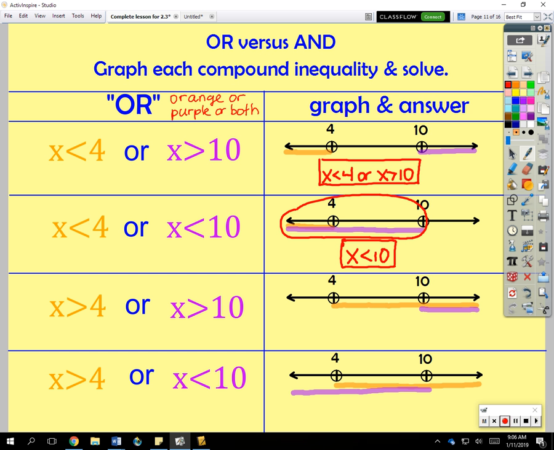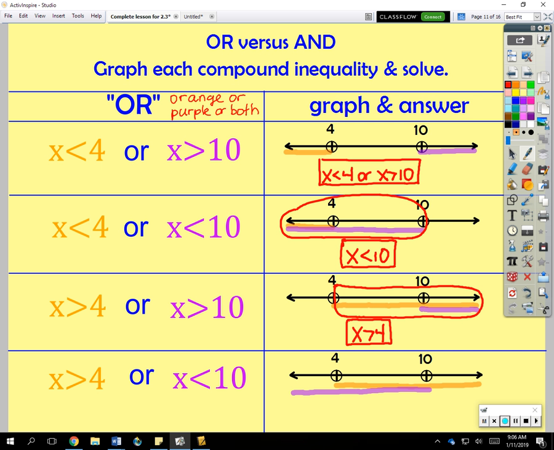The second one is the same way. If you look from left to right, I see orange, and then I see orange and purple. So this whole area is the answer, and I can make that one statement by just saying x is greater than 4.